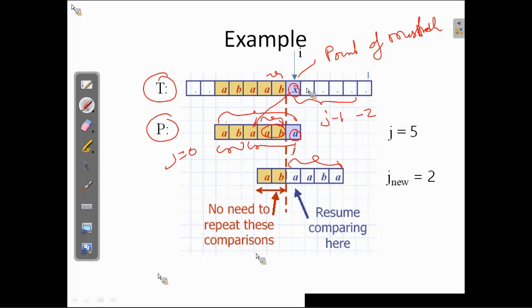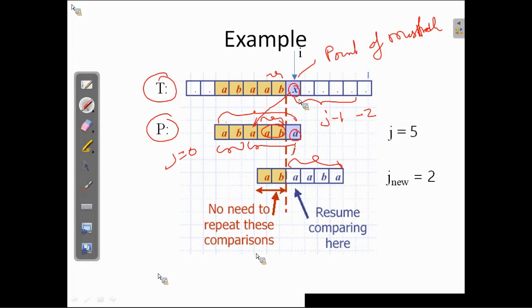So it reduces the comparisons. First of all, I doesn't have to go back. And in this, the J has to go back not up to 0, but only to the J minus 1th position minus the length of the longest prefix which is also a suffix, which is 2. So you go back and start comparing from here. Okay.